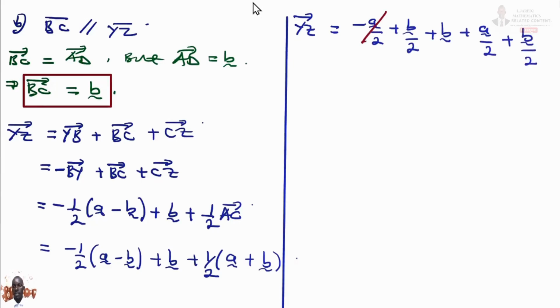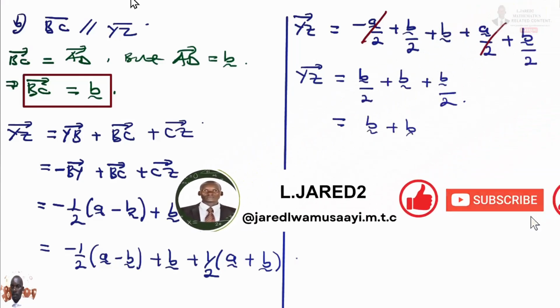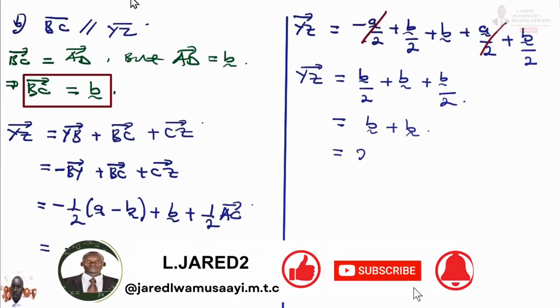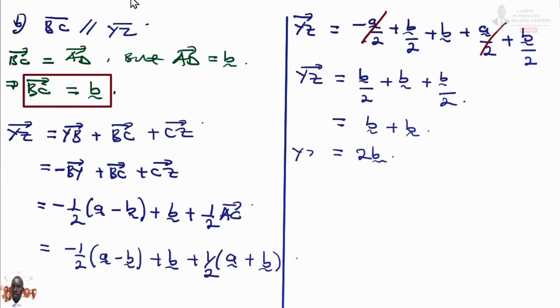We can see that this and this cancel out, and we remain with vector YZ equal to vector B over 2 plus vector B plus vector B over 2. As we simplify, this is the same as vector B plus vector B. As we add them, we have 2 vector B. Therefore, vector YZ equals twice vector B.